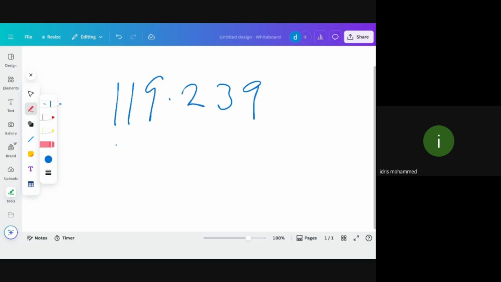For example, if Bitcoin moves from 119,239 to 119,240, this move from one to the next is one pip. So that means the pip is calculated with the last number before the decimal. Exactly, just calculated with the last number.